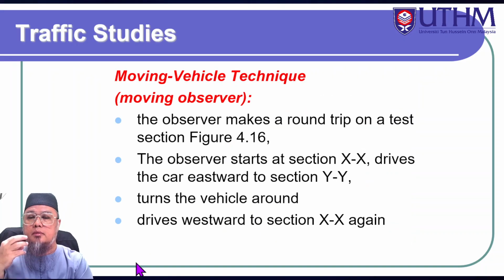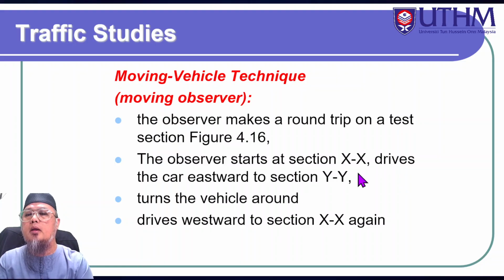Okay, we go to the moving vehicle technique. Out of the three, we look into this technique. For this method, they have sections referring to east and west, sometimes north and south. For this slide, they refer to east and west directions.